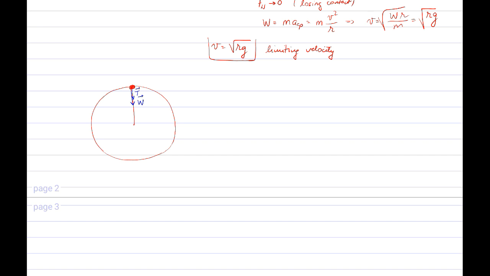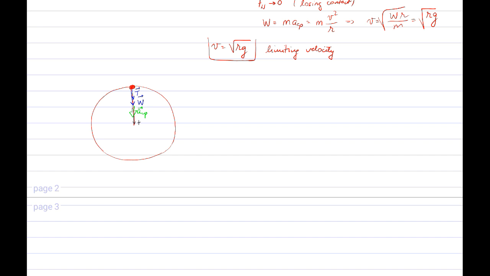Now both the weight and the tension force act down. Furthermore, the centripetal acceleration is also down. So that means that we will pick the positive direction to be down. That's a lot of arrows going down.